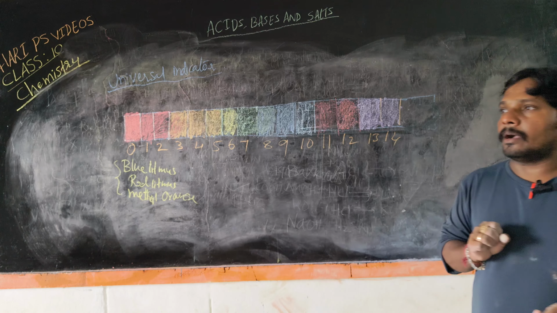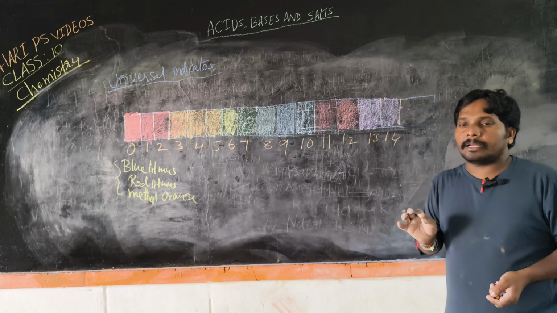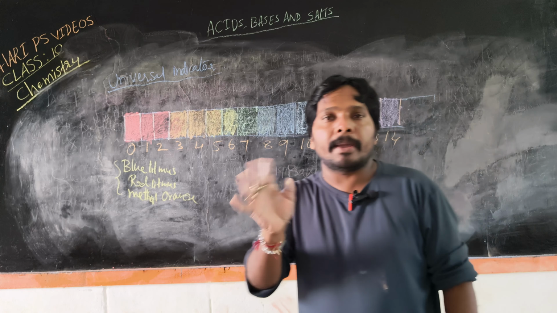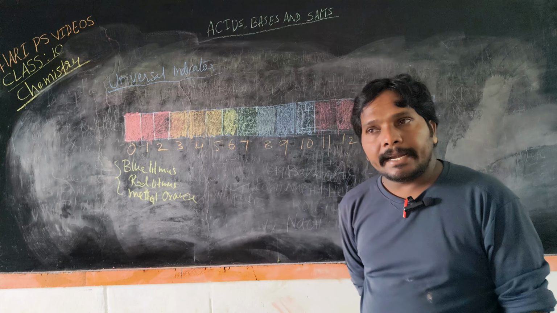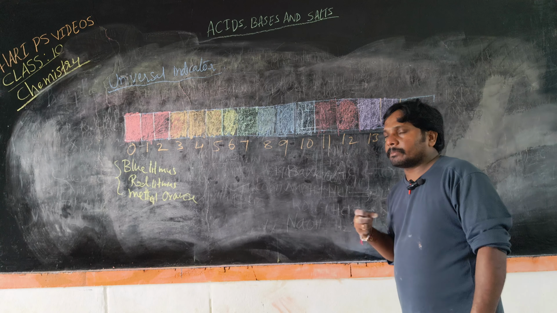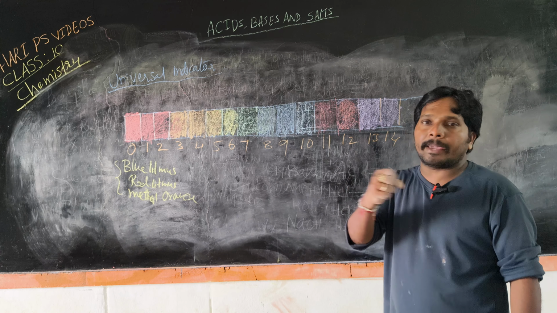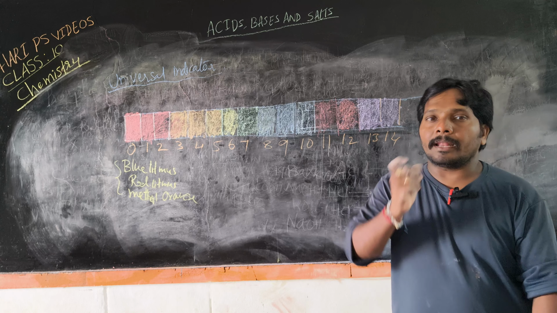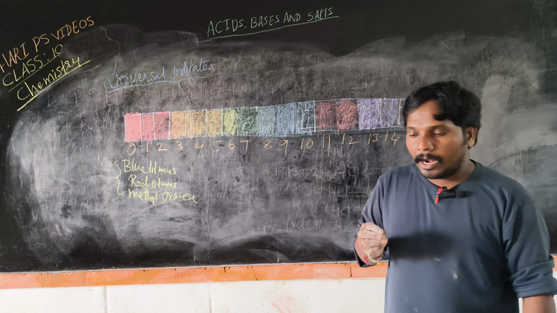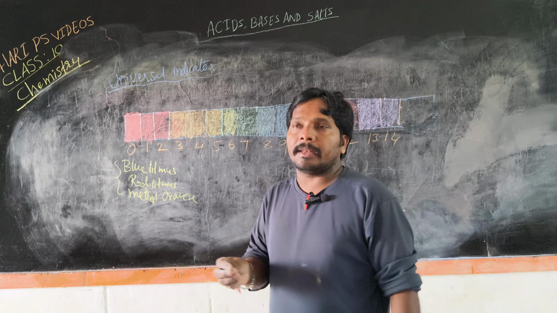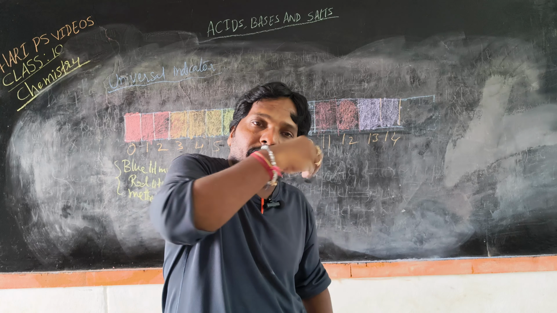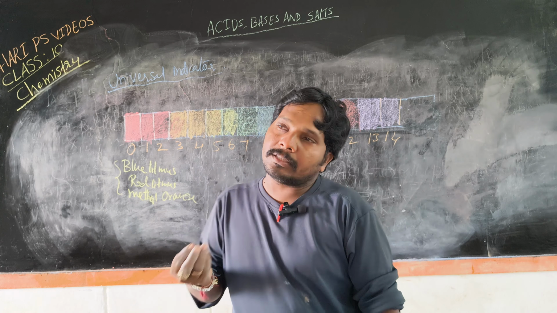They give an idea whether the given substance is either an acid or a base only. We can identify the given substance is either acid or base, but we cannot determine if it is the acid or if it is the base.